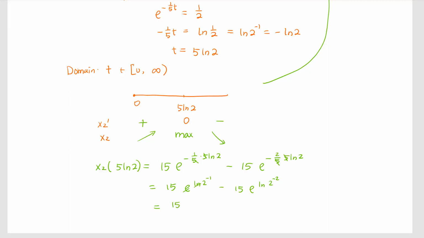We have 15 times 2 to the negative 1, which is 15 over 2, minus 15 times 2 to the negative 2, which is 15 over 4. So that is 15 over 4. Well, 15 over 4 is 3.75 pounds. So that is the maximum amount of salt ever in tank 2.